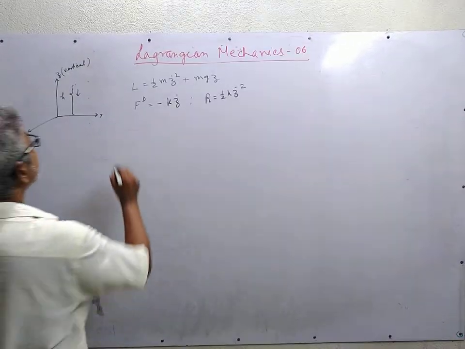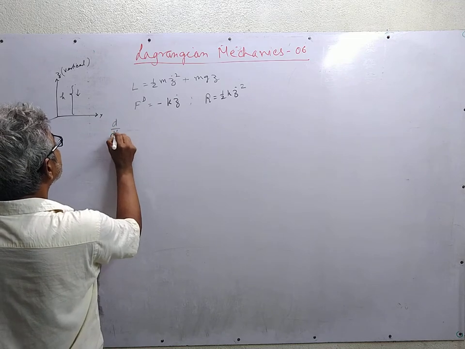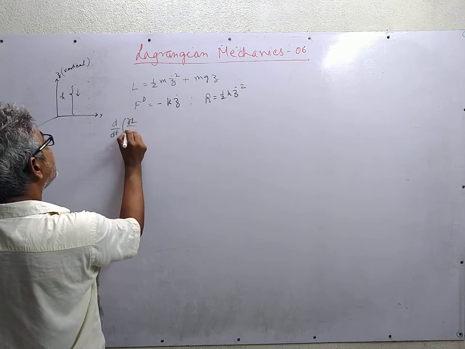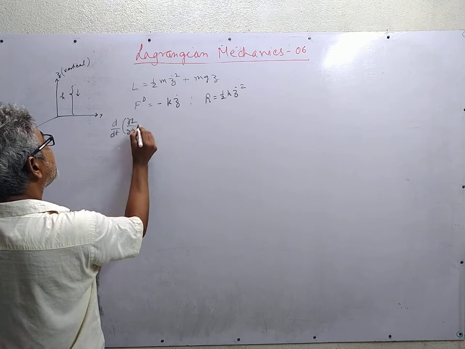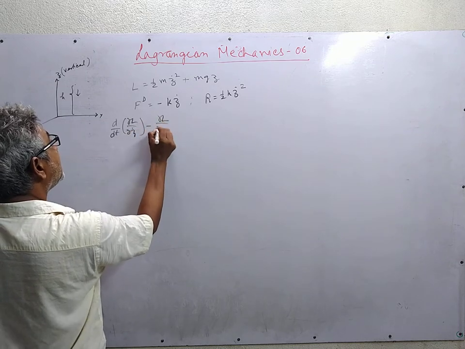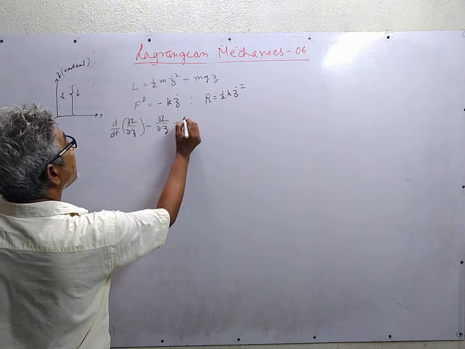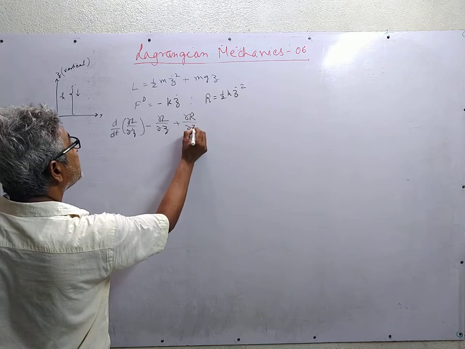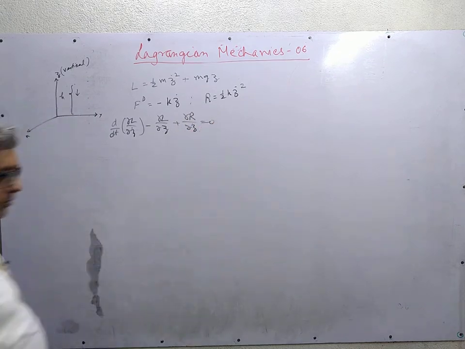Recall that the equation of motion is d/dt of del L del z dot minus del L del z plus del R del z dot is equal to 0.